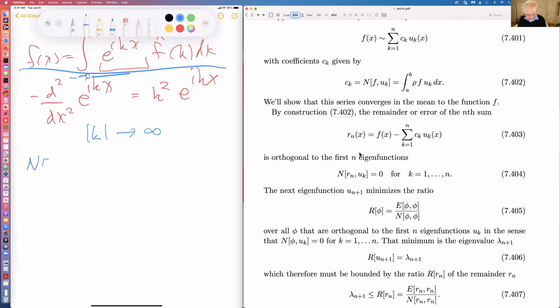the inner product of R_n with u_k, well, this is going to be effectively the inner product of f with u_k minus the sum c_k. Oh, I used k twice. All right, hold on. Let me change.